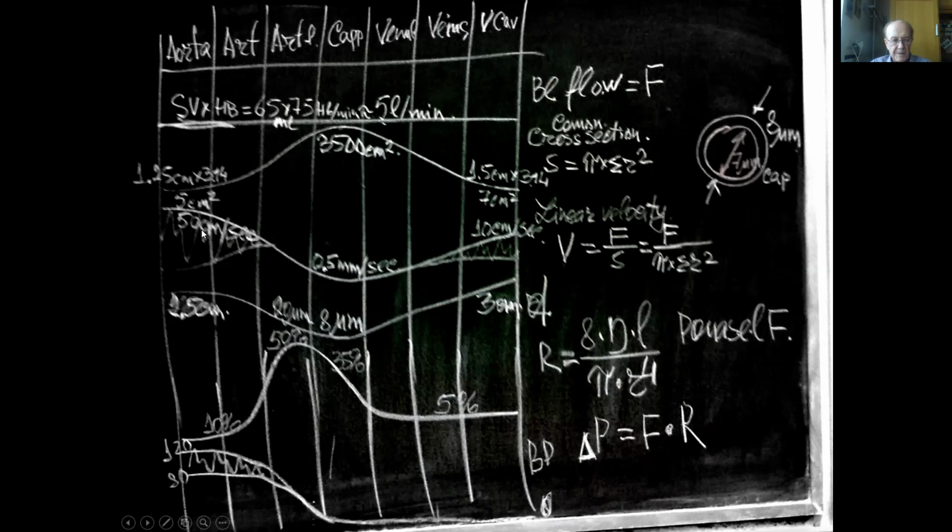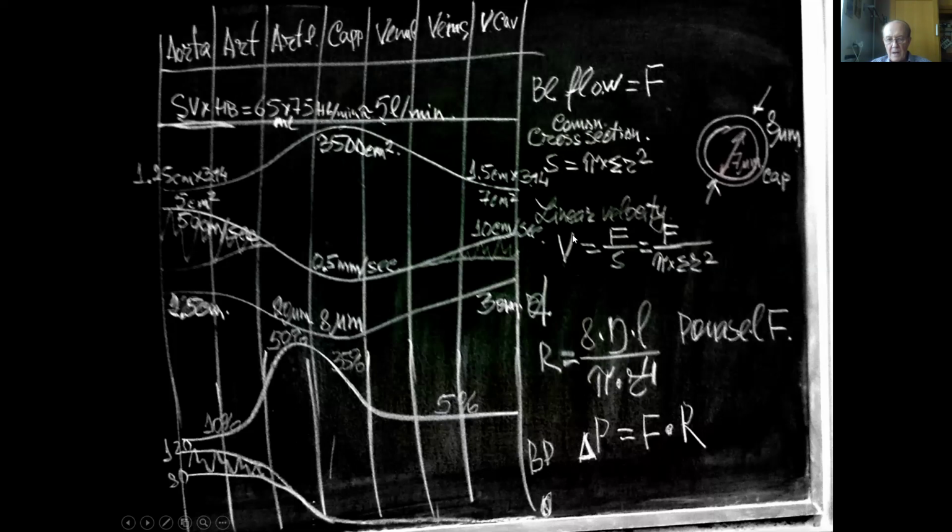This is the 50 centimeters. This is the 10 centimeters per second, because the diameter in the veins is larger than the diameter of the aorta. This is the special formula which can help us to investigate this linear velocity.